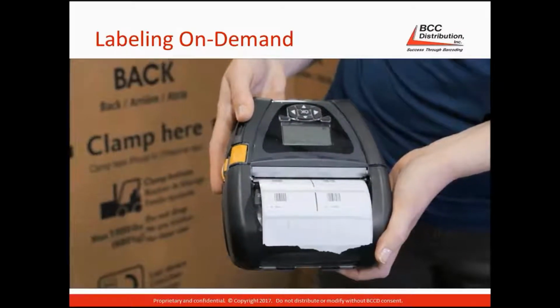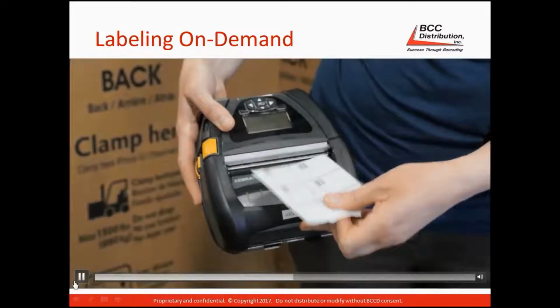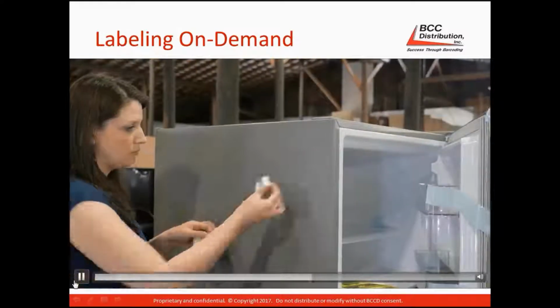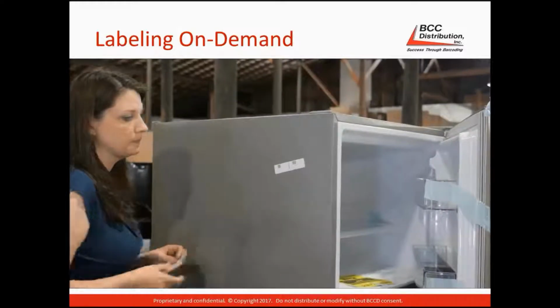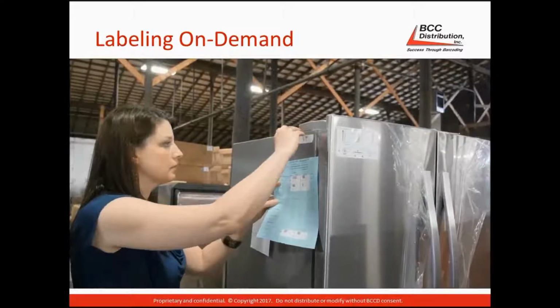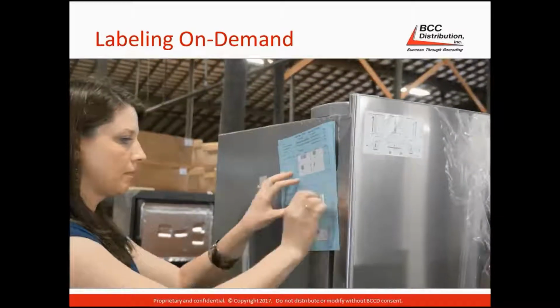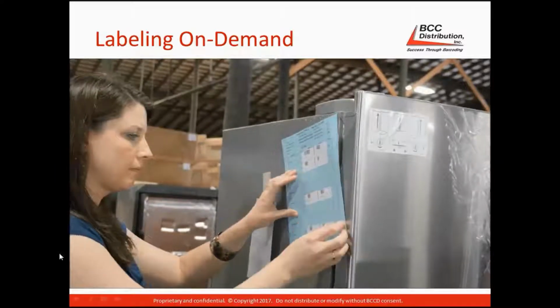This can be receiving, this can be quality control, and as you can tell, it's a battery-powered Wi-Fi printer that allows us to receive into SAP real-time with an ITS mobile screen, generate a label, and affix that onto an item, a product, a pallet.